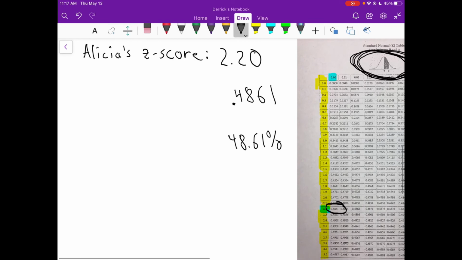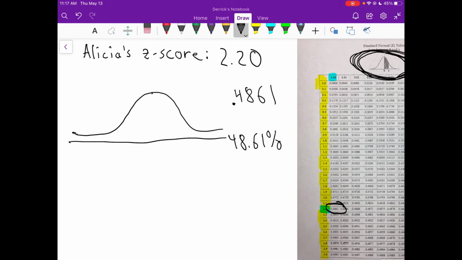So if we're saying her z-score is 2.20, we're saying on a normal distribution curve that 48.61% is measured from the mean. There's first, second, third standard deviation, so she's about here at 2.2.